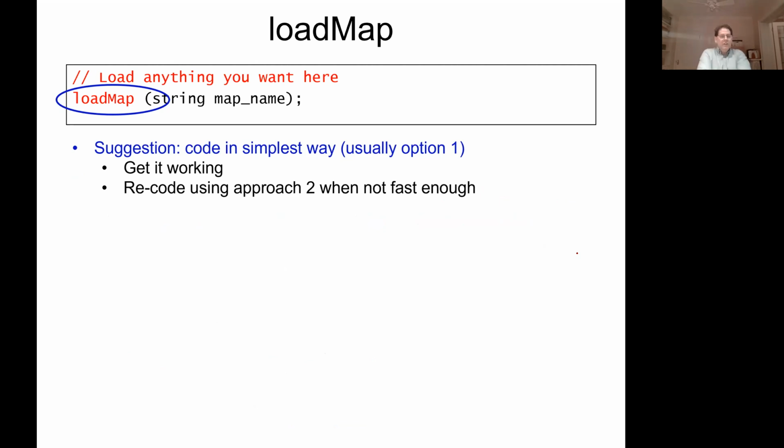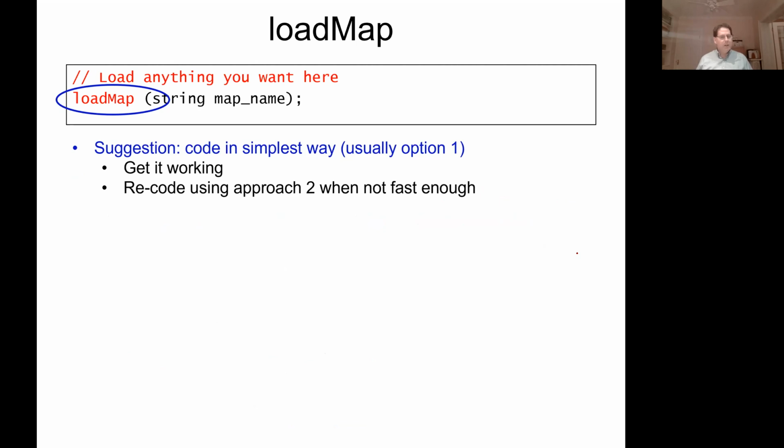Okay, so my suggestion is to code this in the simplest way possible, usually option 1. Option 1 is the stateless one, just call our lower level API, answer the question, pass functionality. You're going to fail some performance tests, but that's okay. For the cases where it's not fast enough, then recode it using approach 2. The code for approach 2 will share, you'll reuse some of this code, okay?